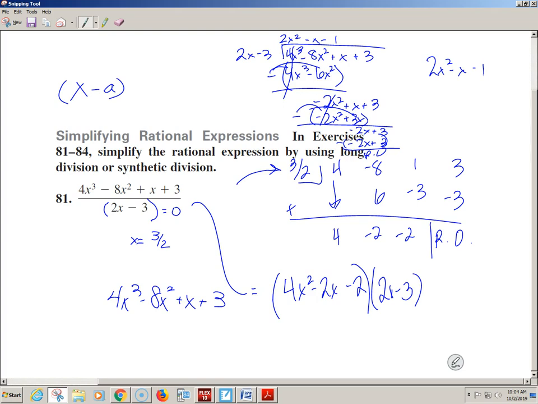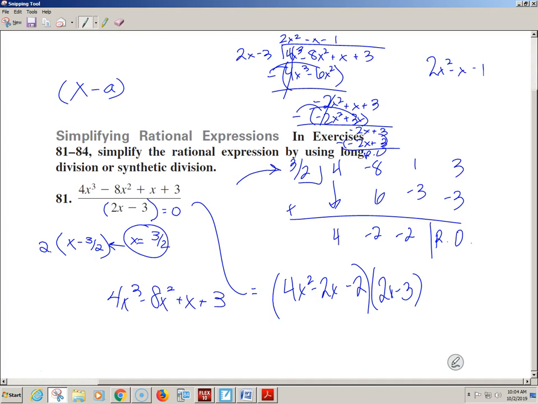Can I show you why? Doesn't this point to that? Is this the exact same as that? Now is it? Check it. 2x minus 3.